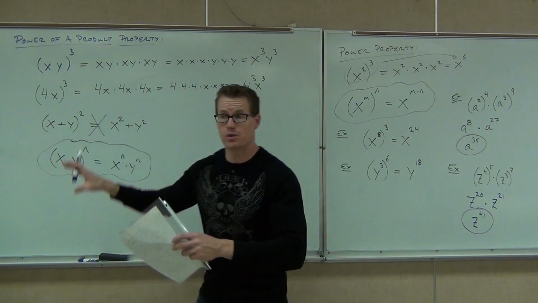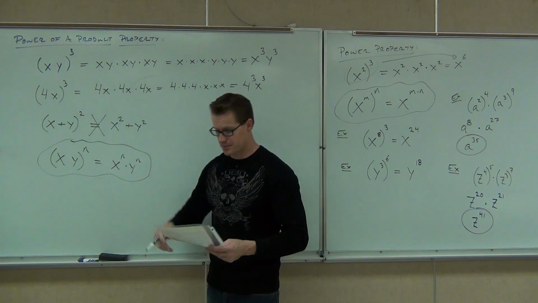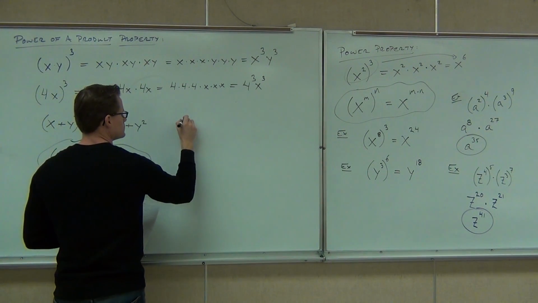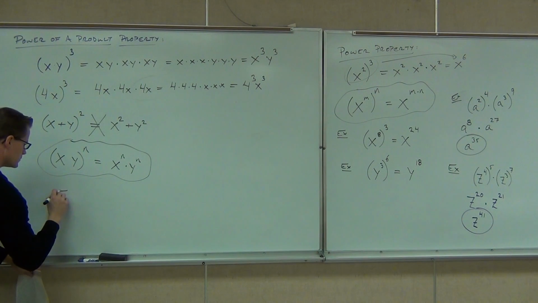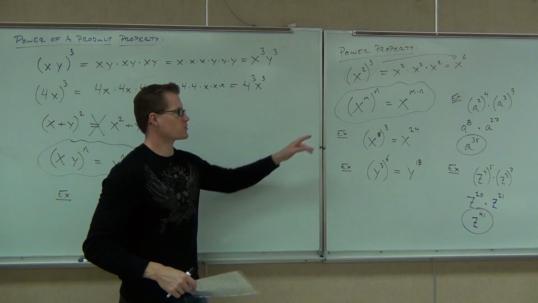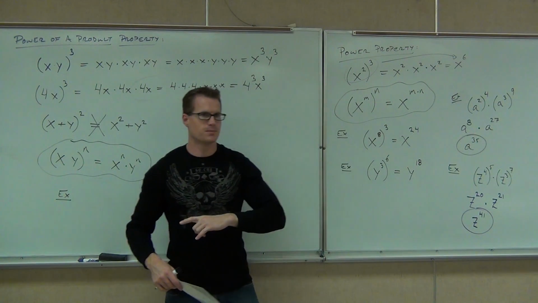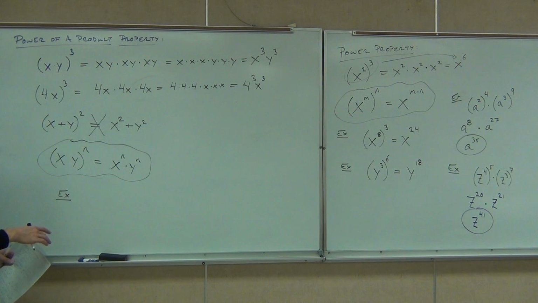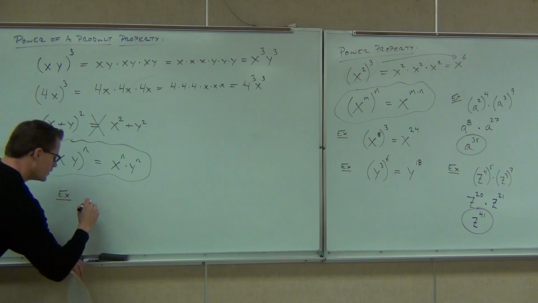That's how you do it in general. That's what we've done for the first two examples up here. The answer is x to the n times y to the n. That's the formula. That would be the way you do this in general, just like this was a formula, that one's a formula. It's telling you how to do it in general. Let's practice this with a couple examples and we'll see how to do it, okay?